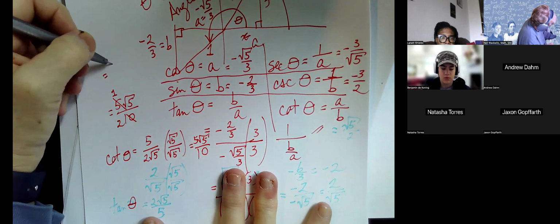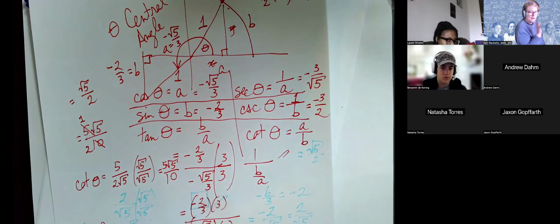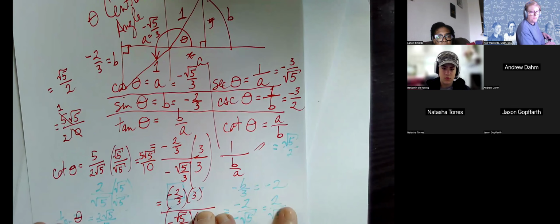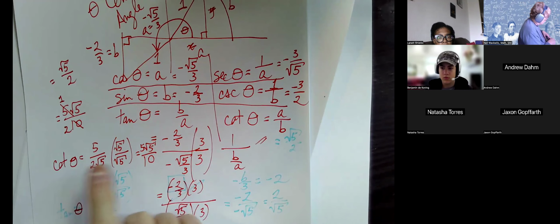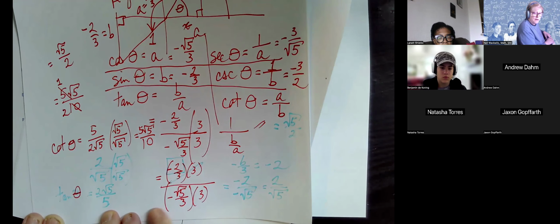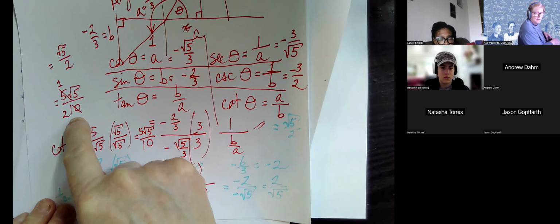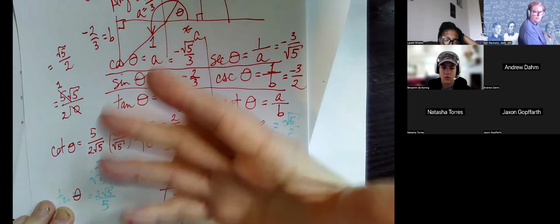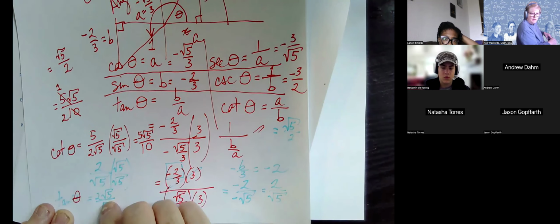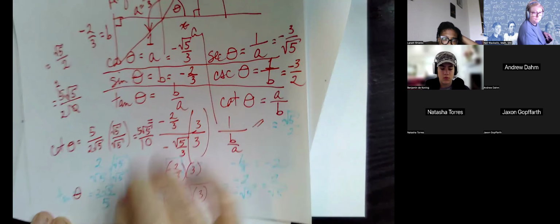Beautiful. And we end up with square root of 5 over 2. And I just wanted to do that so that some student maybe will understand why it's really helpful to wait till the very end to rationalize. Because we ended up having to rationalize cotangent again, and then we were able to reduce it, and we got the same thing we would have gotten if we had just taken the 2 over square root of 5 value of tangent and flipped it.